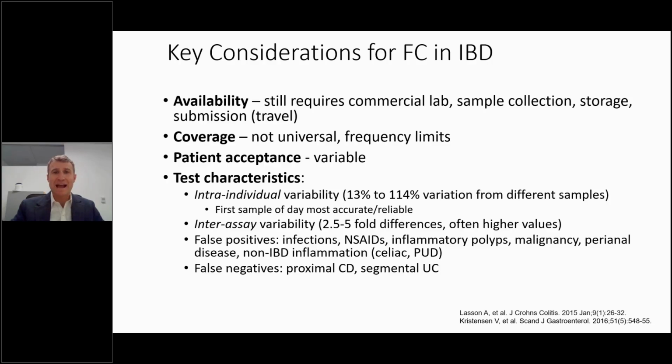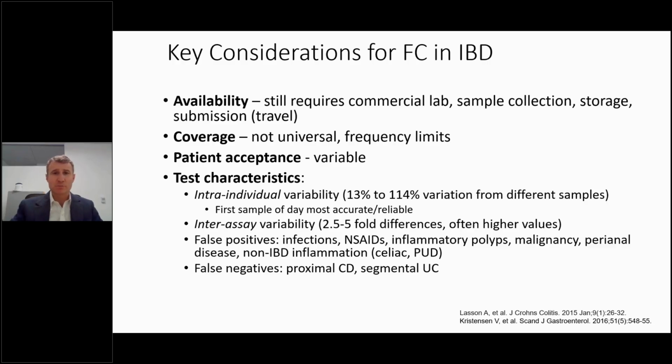There's also inter-assay variability. So from lab to lab, assay to assay, you can get different numbers. It's been shown that there can be as high as 5-fold differences across different laboratory commercial assays, and again, often at the higher end of the spectrum, but be aware of how your local labs potentially vary. There are false positives with fecal calprotectin.